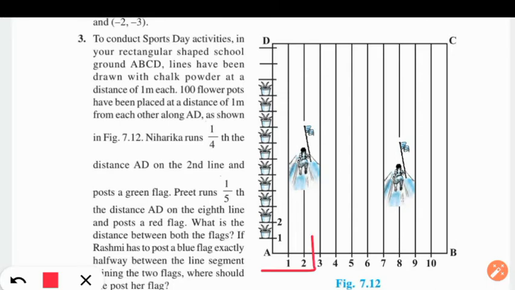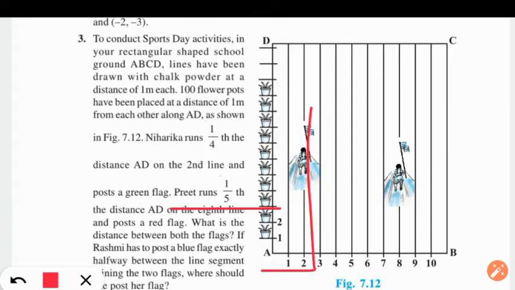Here to here is 2 and here to here is 25. So at the point (2, 25), 2 meter along the x axis and 25 meter along the y axis.